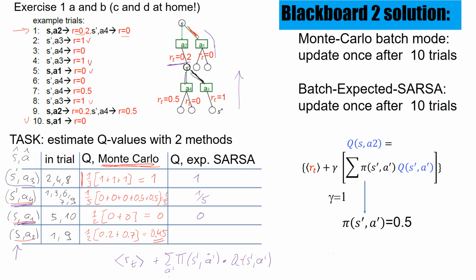Now, what are these Q values? Well, that's exactly what we calculated. So the Q values are 1 and 1/5, and the policy is always balanced 50% according to our assumption. So I have 1/2, and then I have 1 plus 1/5. And then I still have to add the mean reward.